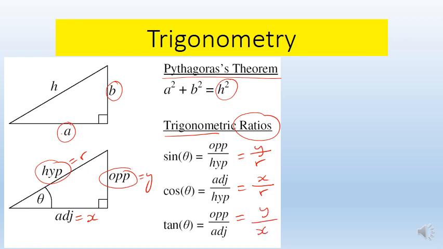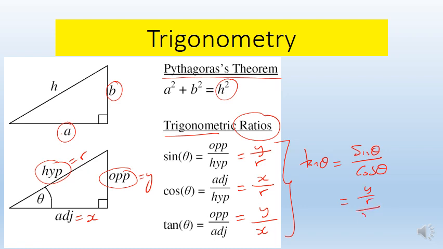Now you don't have to be a genius to realize, hey, hang on, there's something interesting happening over here. Y over r, x over r, y over x. R's gone. So it looks like tan theta is sine theta over cos theta. Let's just check that. Sine theta is y over r.